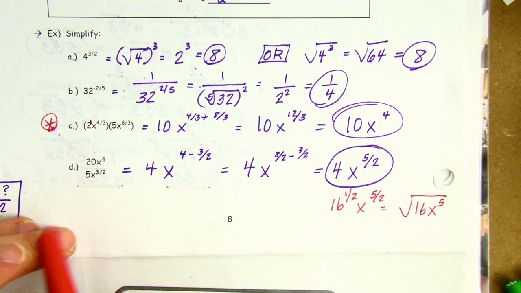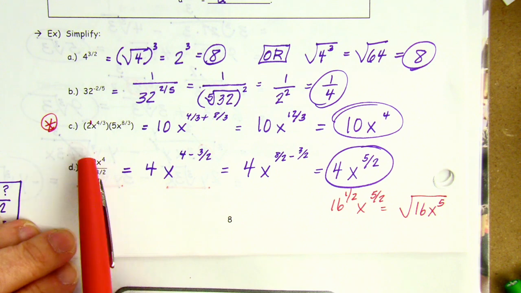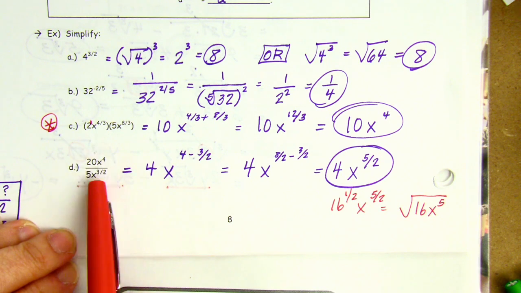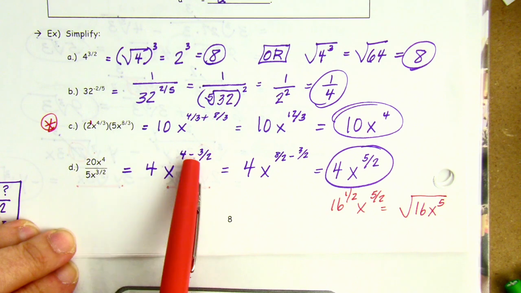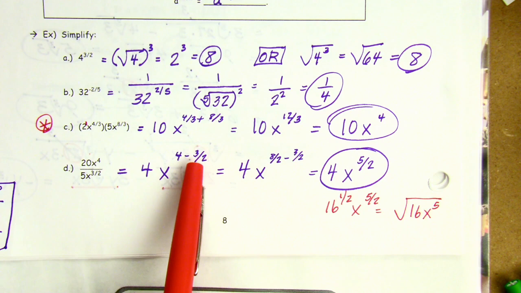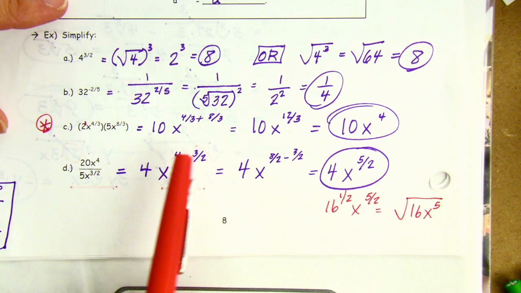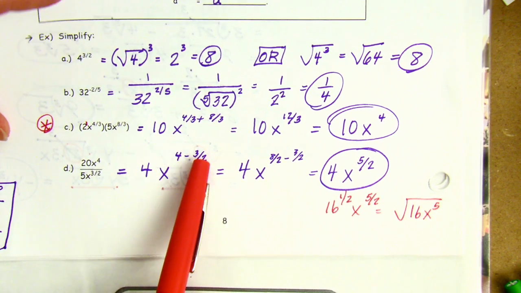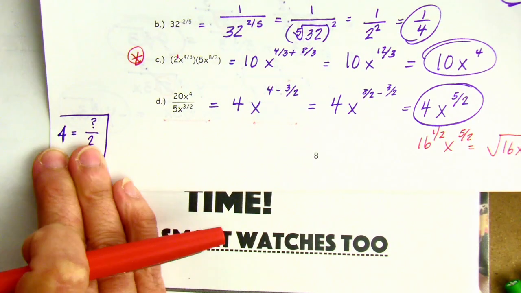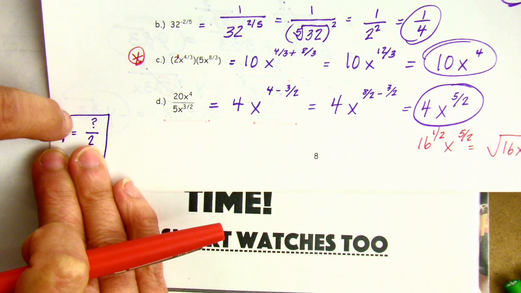All right, in a similar fashion, we will divide. 20 divided by 5 is 4. And when you divide same base, different exponents, you have to subtract. Now, you can turn any whole number into a fraction quite easily. I need to make this 4 become halves. So I think of it this way in my head. I don't always necessarily write this down, but 4 is how many halves?